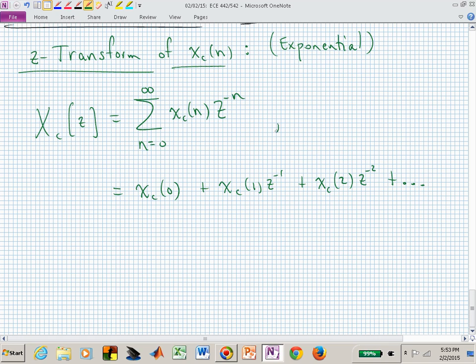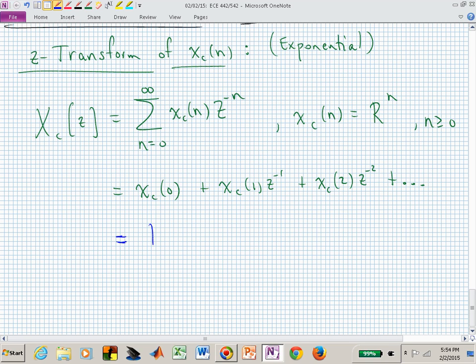But we actually know what x sub c of n was. That was this r to the n. That's how we defined it. If we substitute or replace that structure for little x sub c, then we start to maybe see this being a little bit more clear.